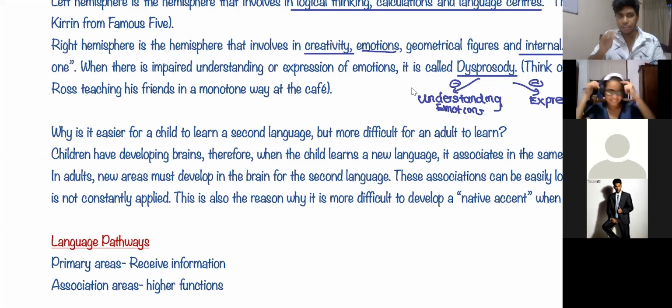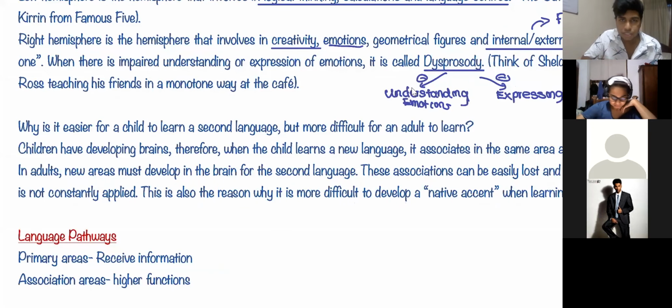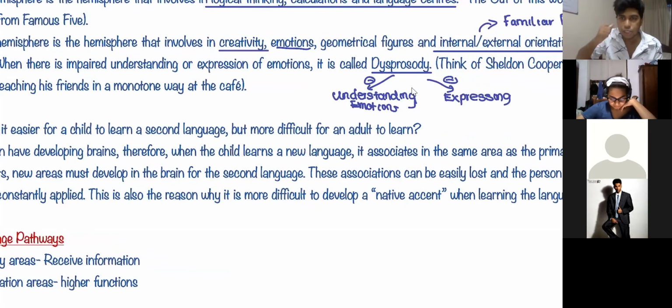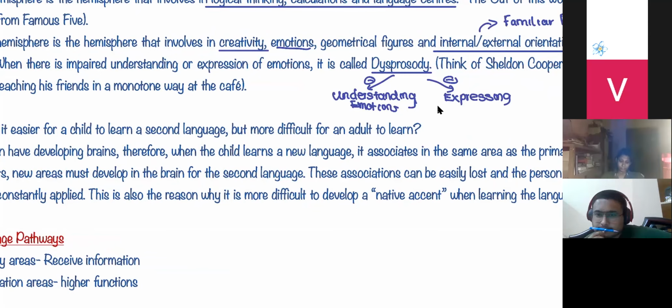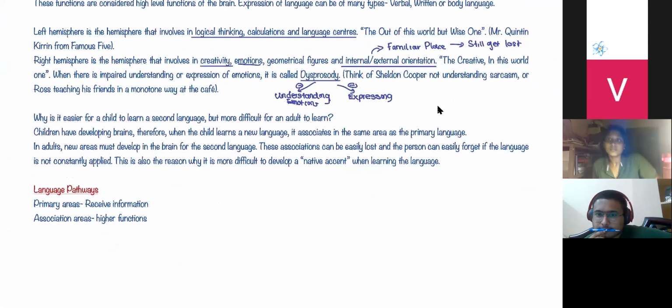When it comes to teaching, if the person teaches in a monotone way, it gets boring real fast. But when there's expression, when there's passion for teaching, that comes from the right hemisphere. The right hemisphere puts creativity and emotions into your speech. That is the function of the right hemisphere.